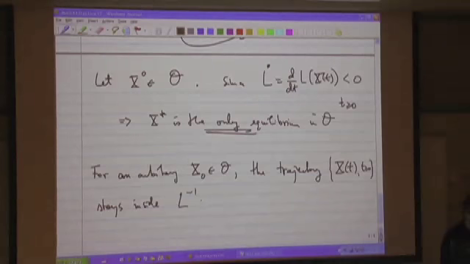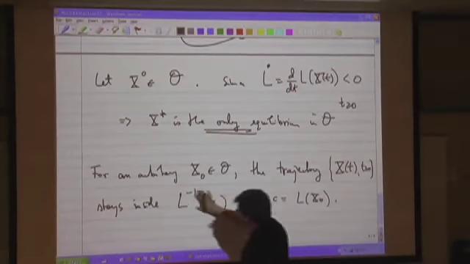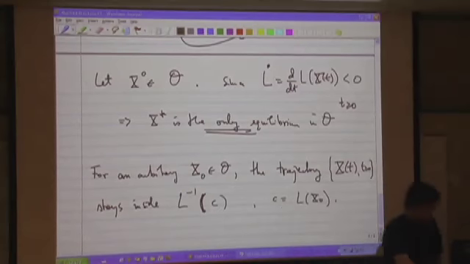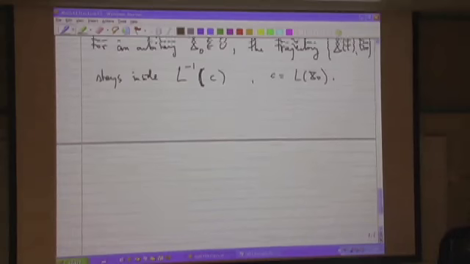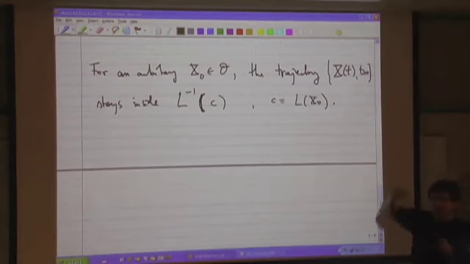Corresponding to what value of C? Well, the value where L started. If L started at 5, then we know that along the solution, L has decreased, right? So it means that it's inside of the level curve. Okay? Well, again, assuming the level curve doesn't escape to infinity, it means it's bounded.